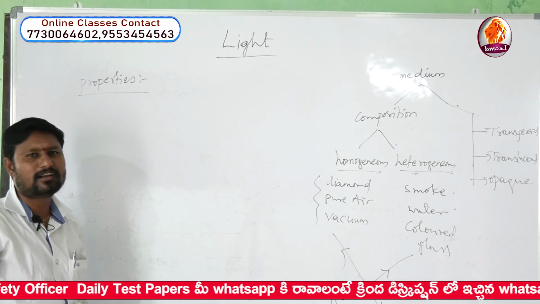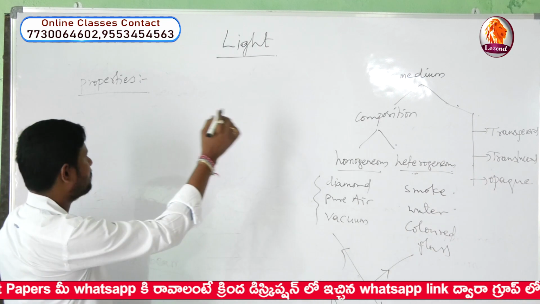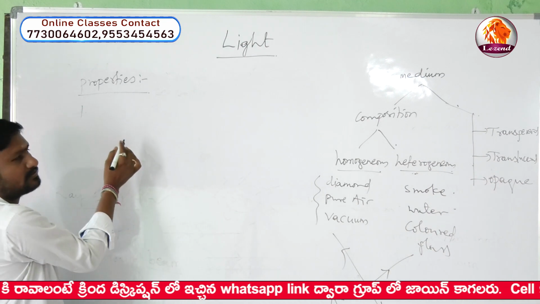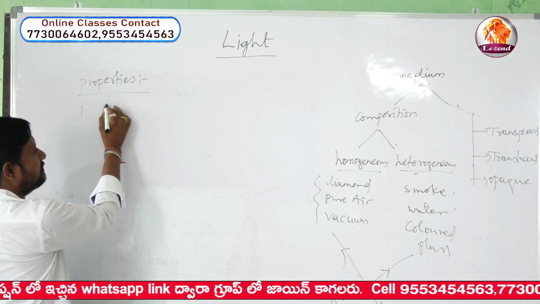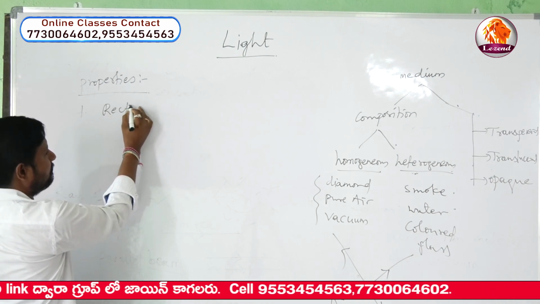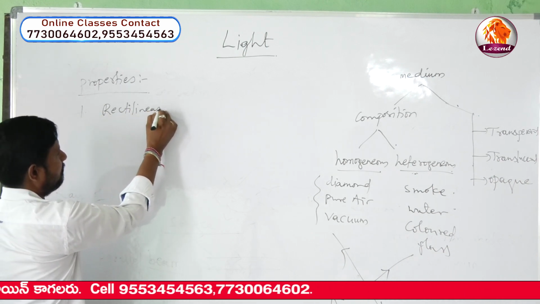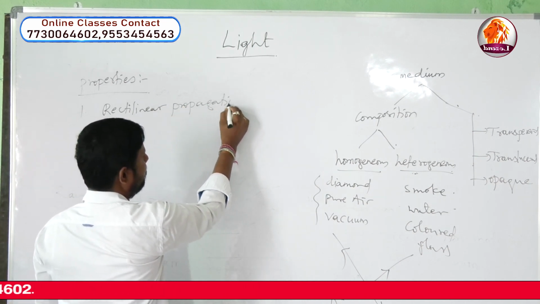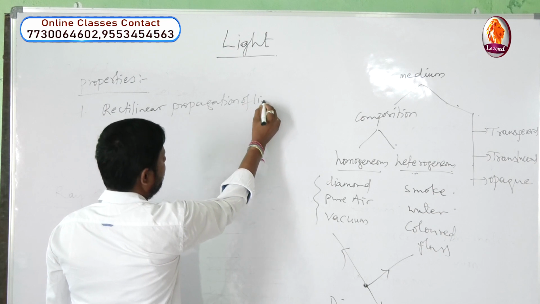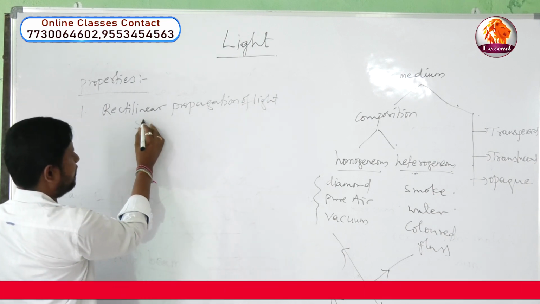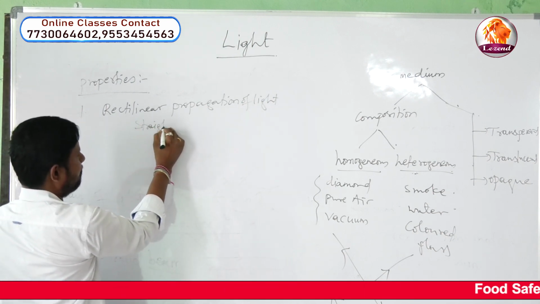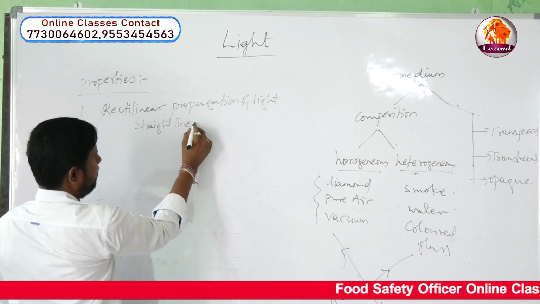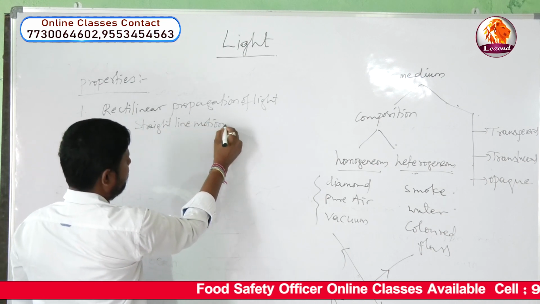Light has several properties, out of which the important ones we discuss here are: first, rectilinear propagation of light, which we consider as straight line motion of light.